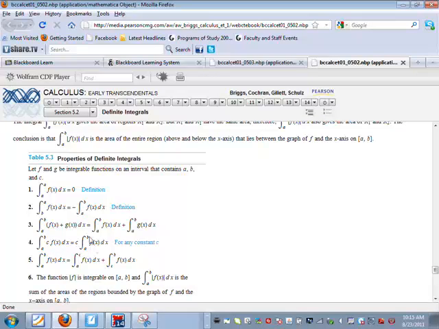If the area under f is 30, what's the area under 2 times f? It should be 2 times 30. So if I'm multiplying by a constant on the outside, I can just hold the constant, find the area, and then multiply by the constant afterwards.